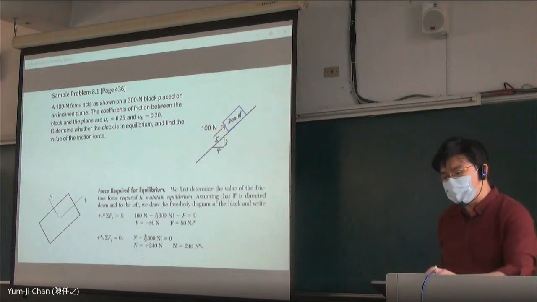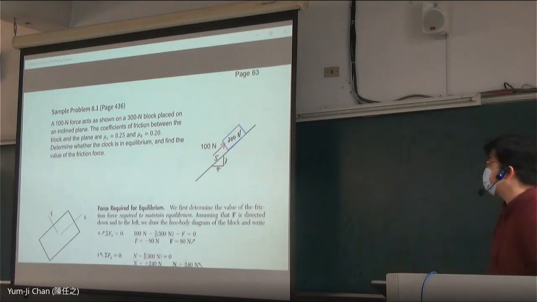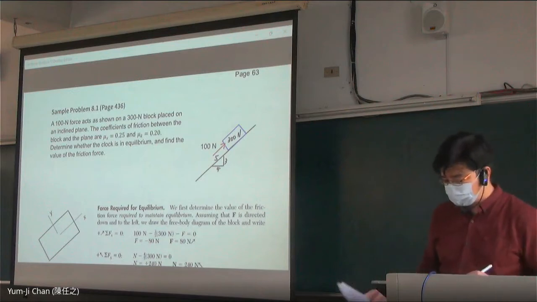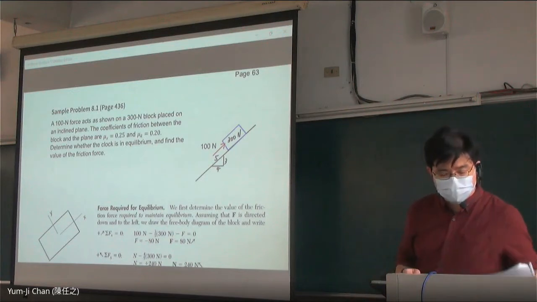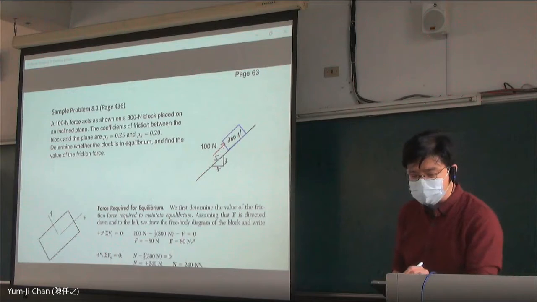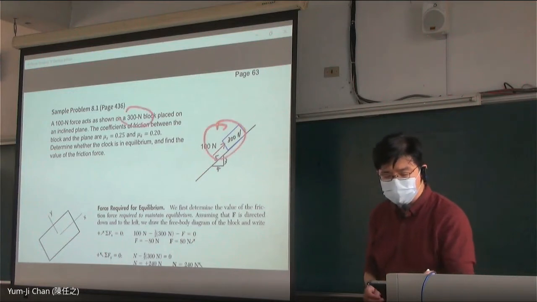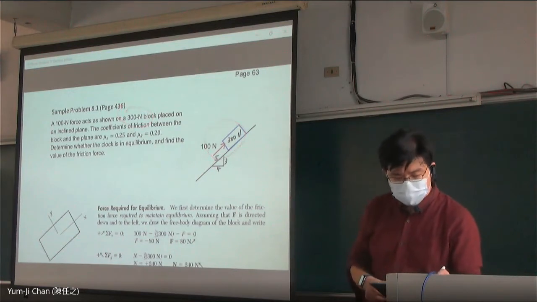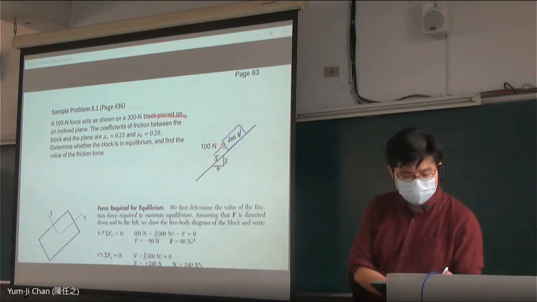So let's work on an example. This is example problem 8.1. Now we have a block here, its weight is 300 Newton, and it is placed on an inclined plane.